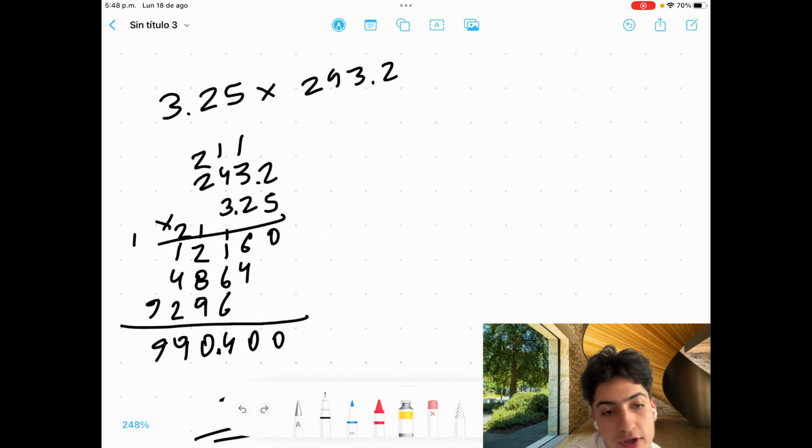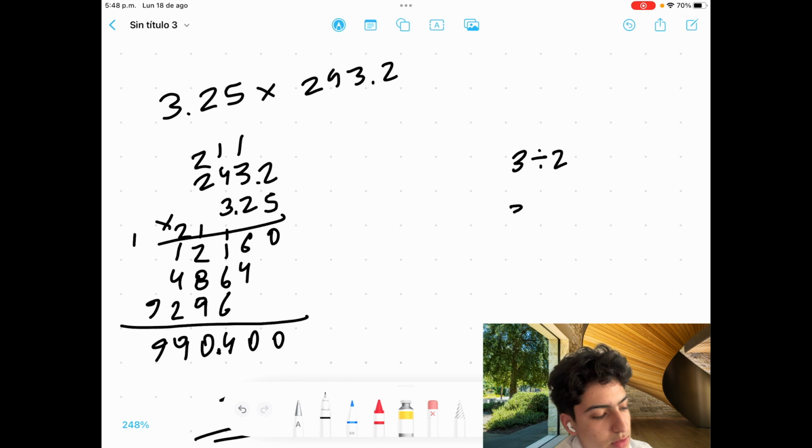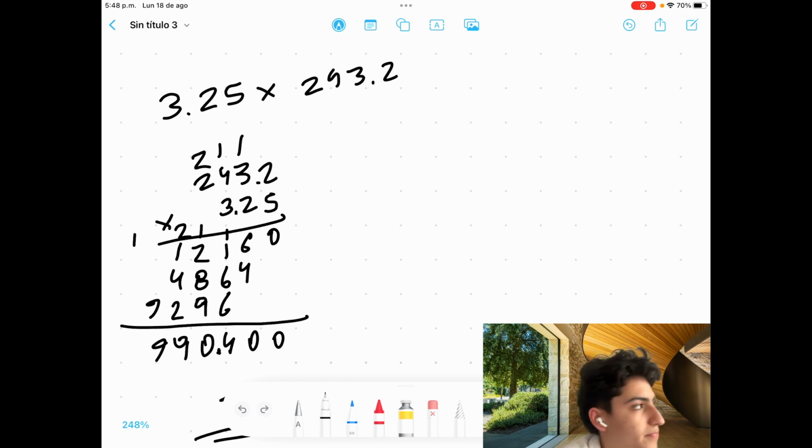And same with division. Now in the case of division, there are already a lot of ways in which we can represent division, like this. It doesn't matter. The thing here is that we always do it by hand this way.